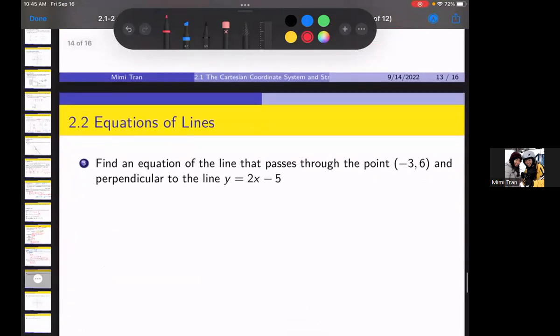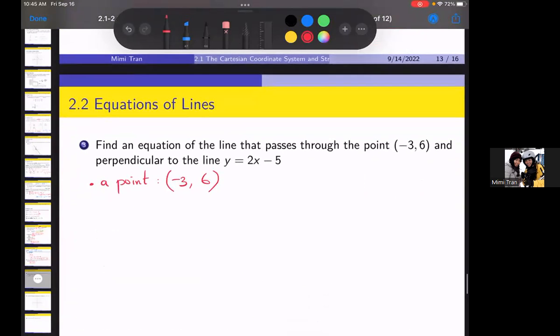All right, this one you have to use all three things. So find the equation of a line that passes through the point (-3, 6). So I have a point, which is (-3, 6). Do I have a slope? I need a slope. The graph of the equation I'm looking for is perpendicular to the line y equals x minus 5.